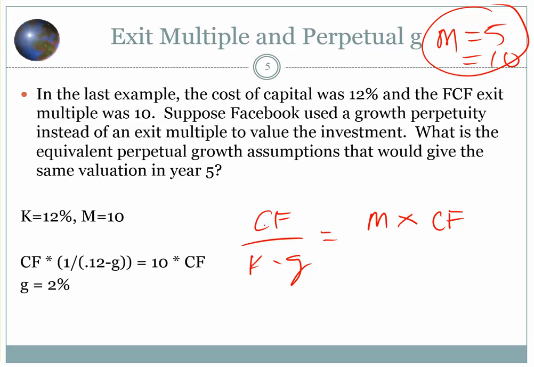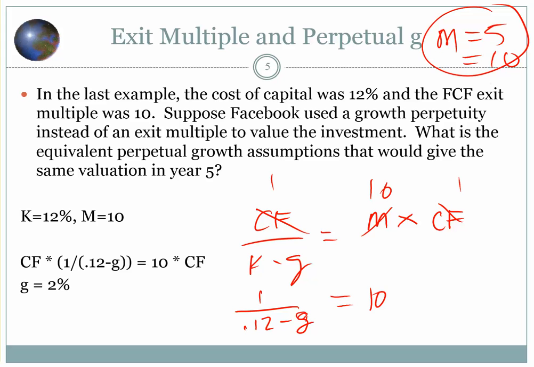So in that example, say that the cash flow is just $1. We had a discount rate of 12% and our perpetual growth rate, I'm just going to leave it at G, and we had a multiple of 10.